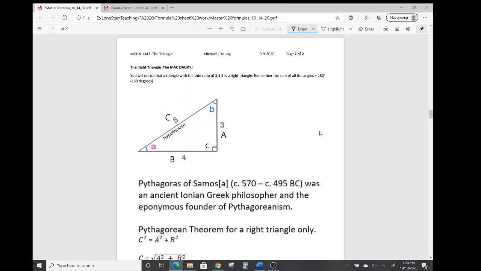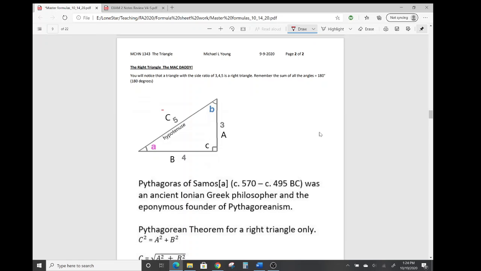So this is an old carpenter's trick, old pipe layer's trick. If I got a right triangle, the hypotenuse, which is across from the right angle, from the 90-degree angle, is called the hypotenuse.